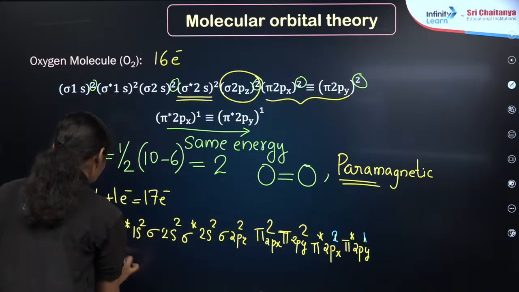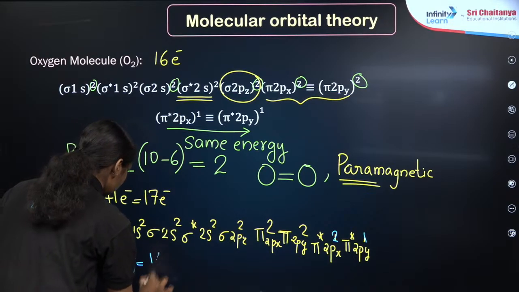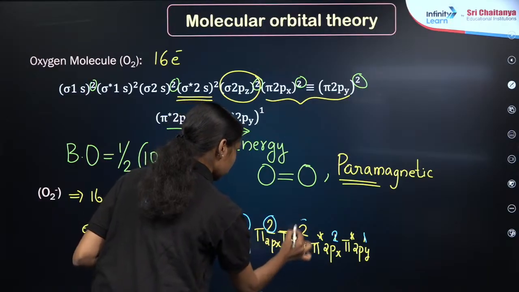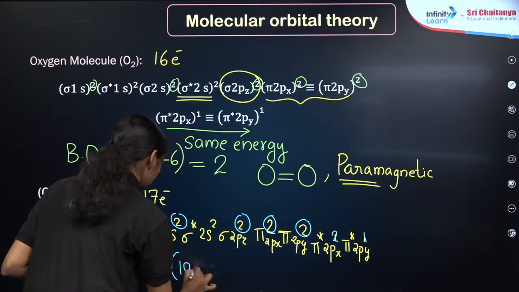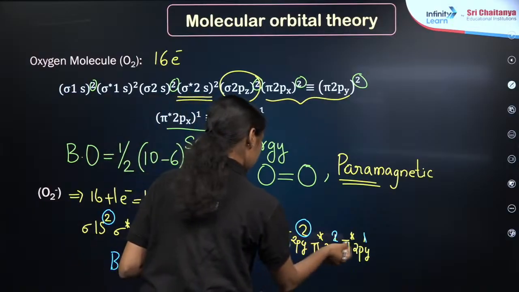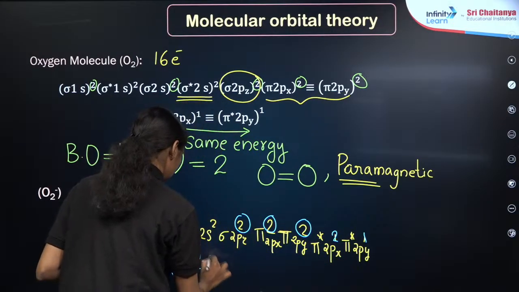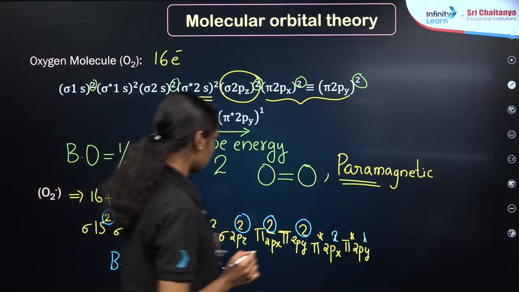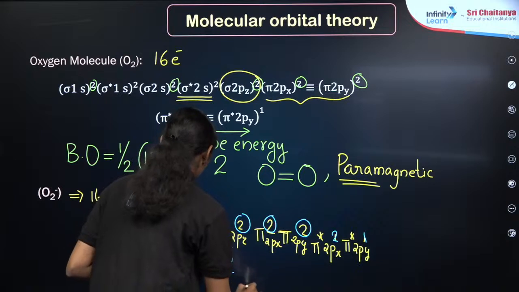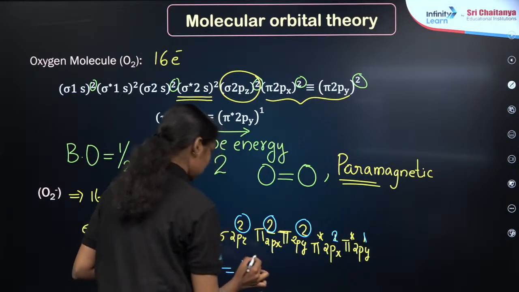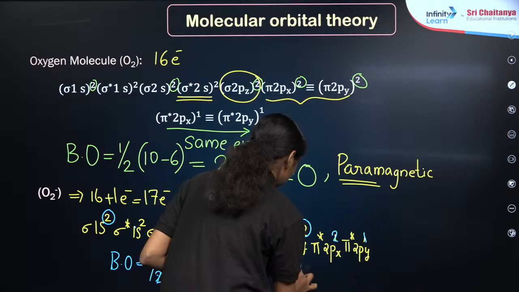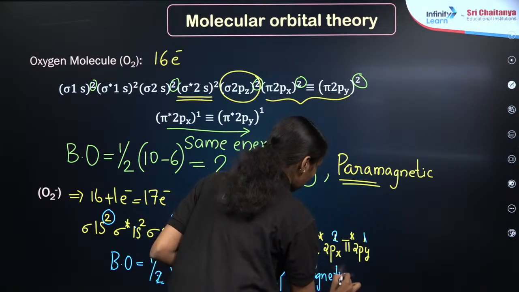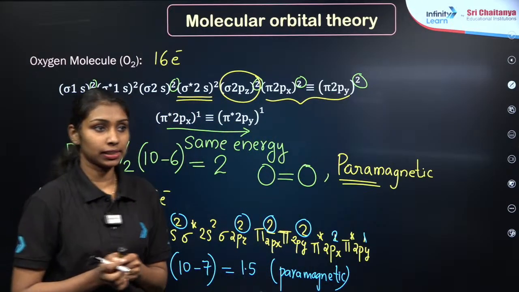Then, calculating the bond order, it will be equal to 1.5, having the behavior of paramagnetic. Clear?